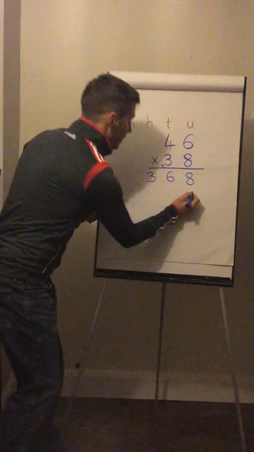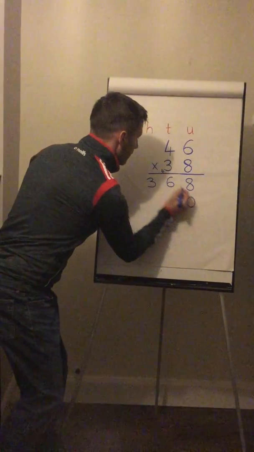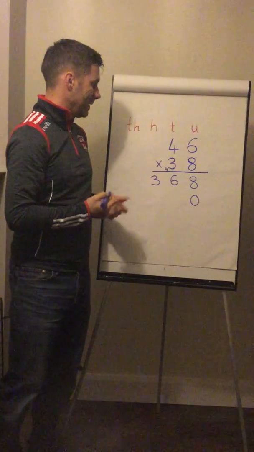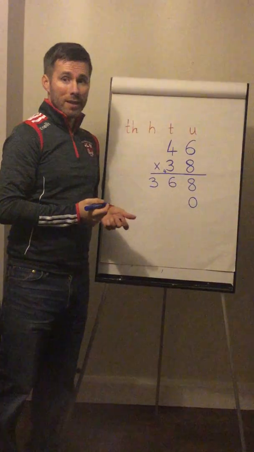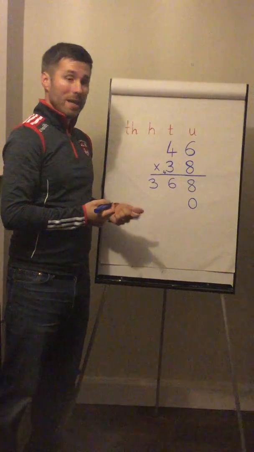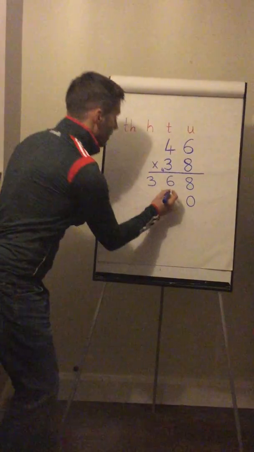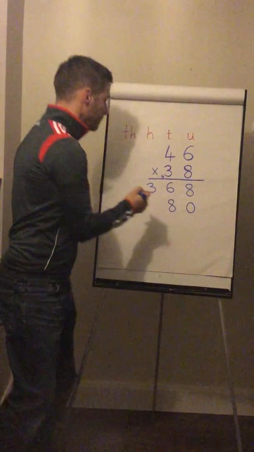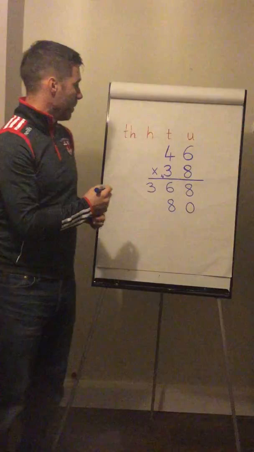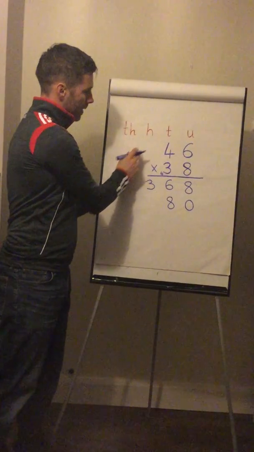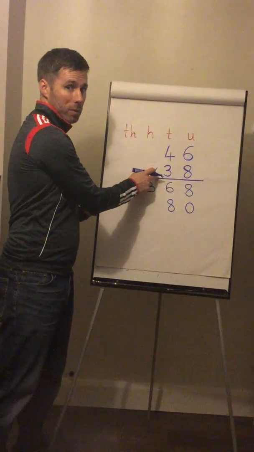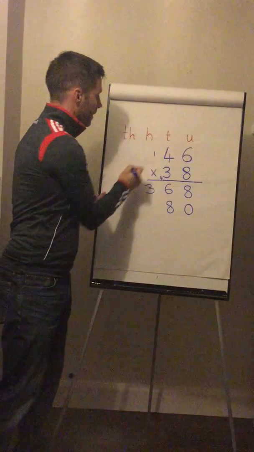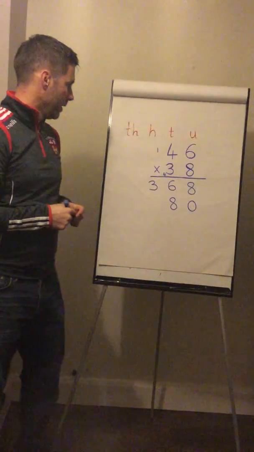So I put my 0 in my units column and I'm going to multiply by my 3 tens. 3 tens by 6 is 18 tens, and 18 tens is the same as 180. So I can put my 8 tens in my tens answer column, and this time I'm going to carry my 100 up to the top line, so we don't get confused with the numbers we carried in step 1. So I'm going to put it here by the hundreds column. So I've carried that 100.